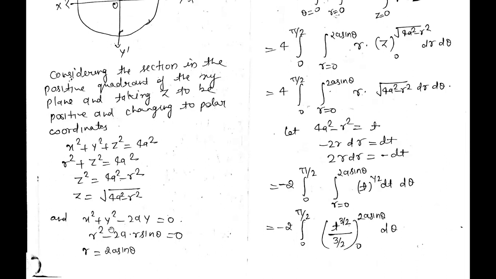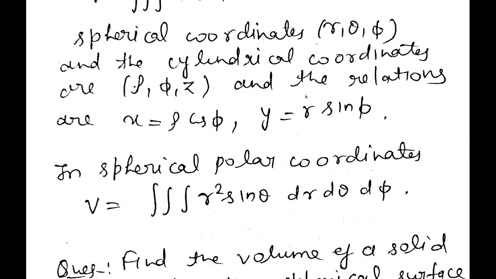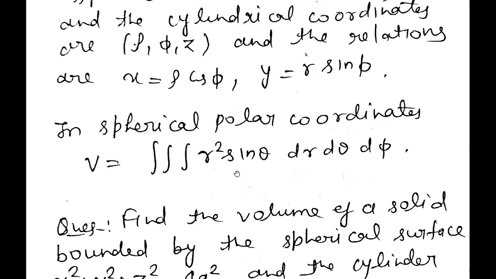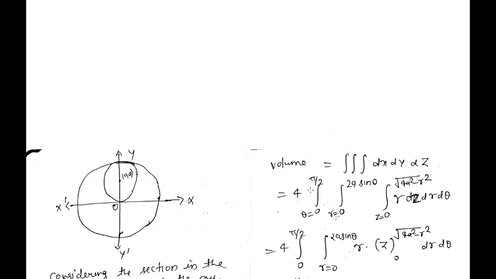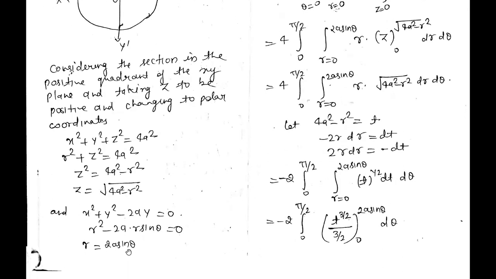Now x square plus y square minus 2ay is equal to 0. You can write x square plus y square as r square, and y is equal to r sine theta. Our volume element in spherical coordinates is r square sine theta dr d theta d phi, right? So here r is equal to 2a sine theta.